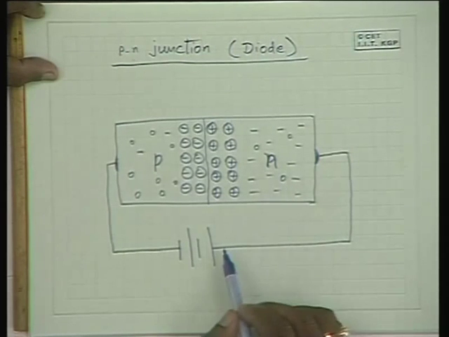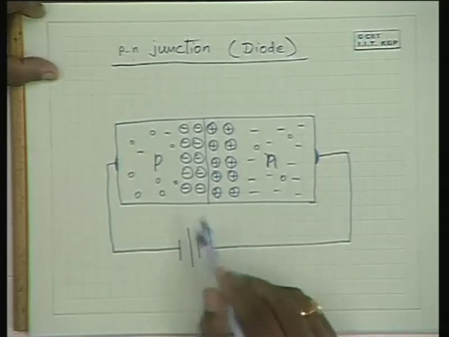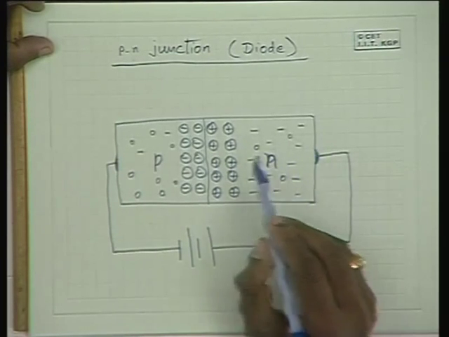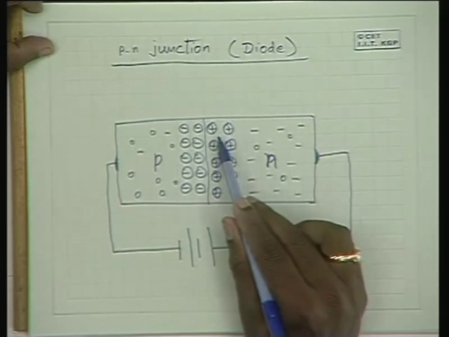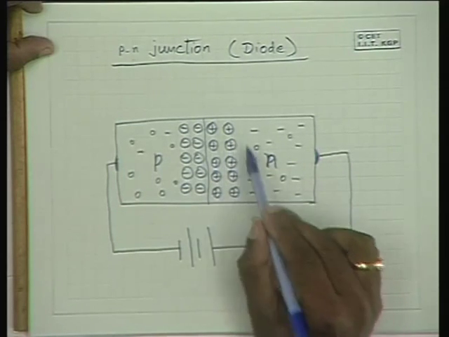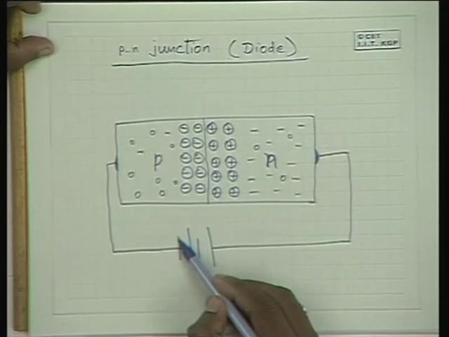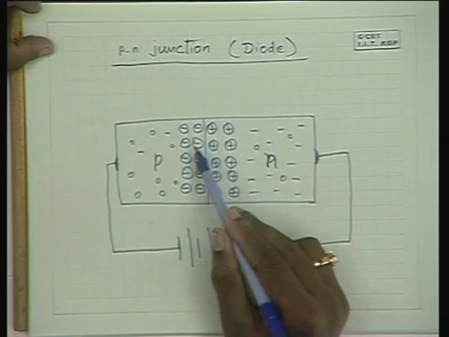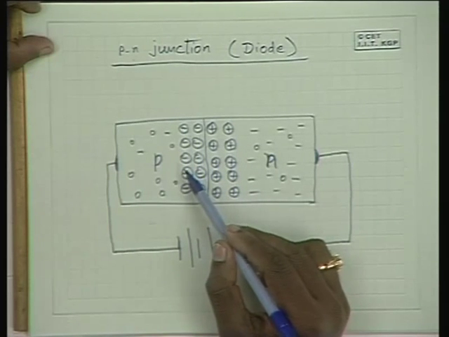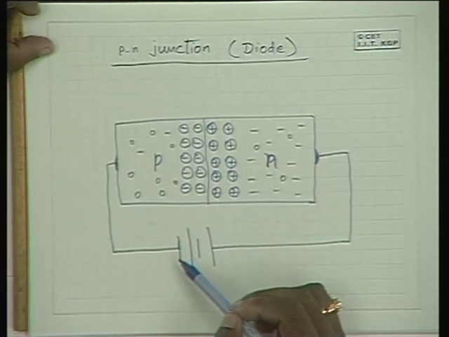The n side being positively charged, this external bias elevates the potential of the positive charge on this side further. Similarly, the negative charge on the p side goes down in potential by means of the external bias.